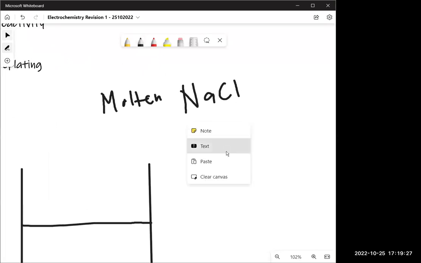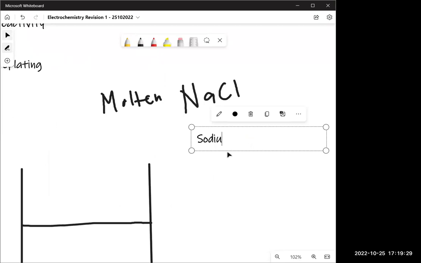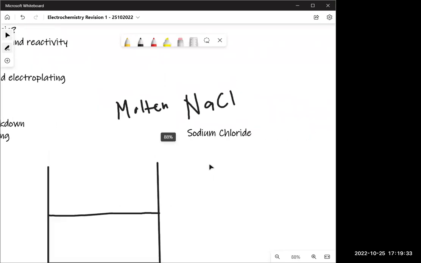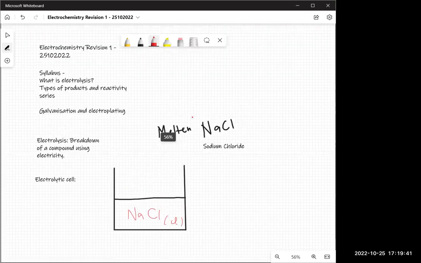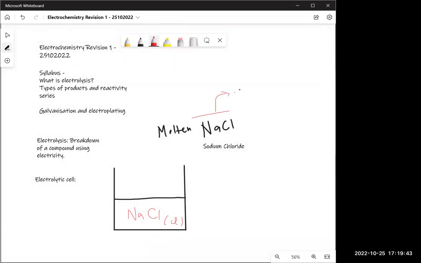This is called sodium chloride. Na is for sodium, Cl is for chloride. If I have this in molten form, liquid, it exists as ionic as well. This is an ionic salt, or ionic compound.